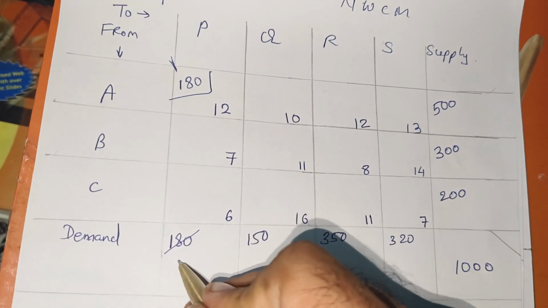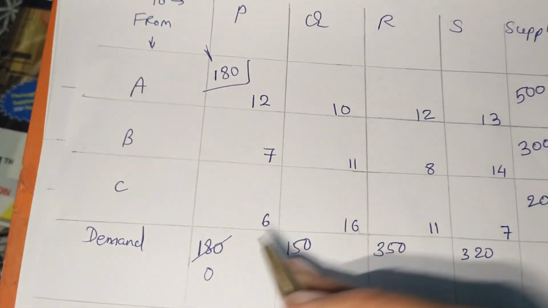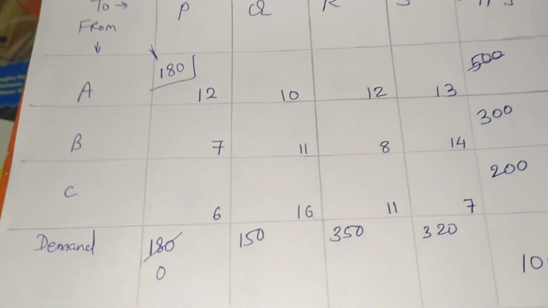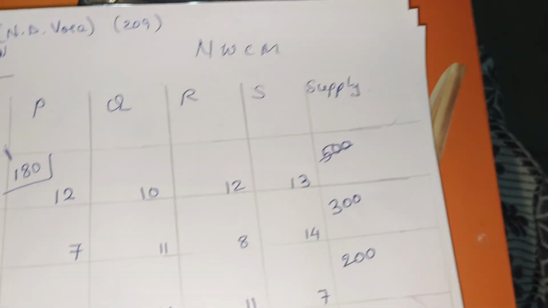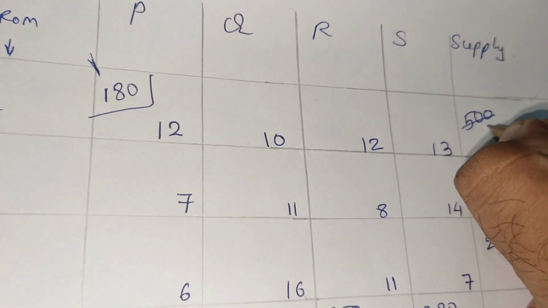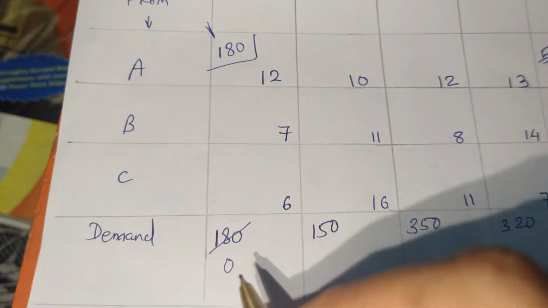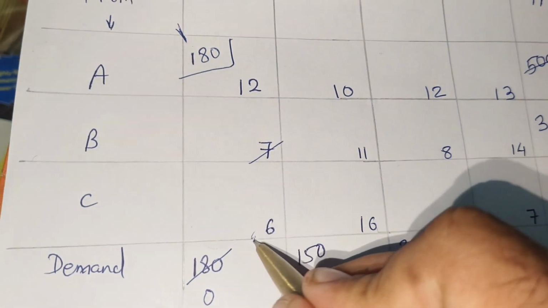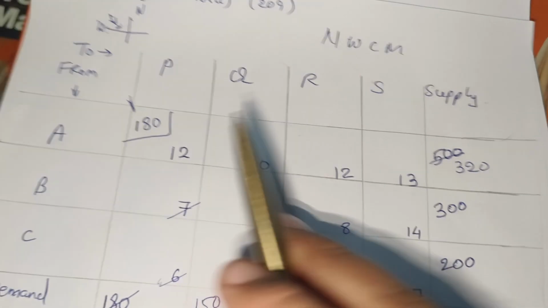Here it would be 0, and subtract this 180 from 500 because we have allocated that much. It will give me 320. Once here it comes 0, you cannot allocate to the others in this column because you have allocated your full demand and it has been fulfilled by a supply.